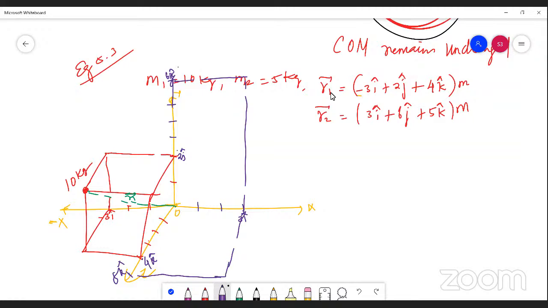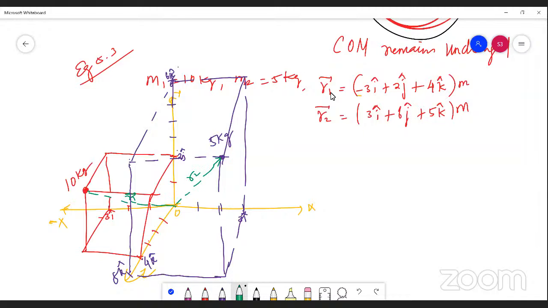This is the point where the 5 kilogram mass is present, and this is its position vector R2.